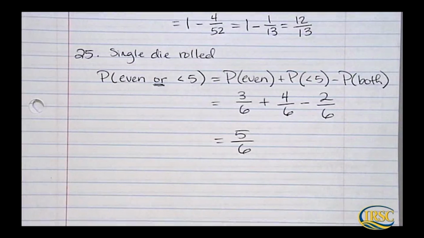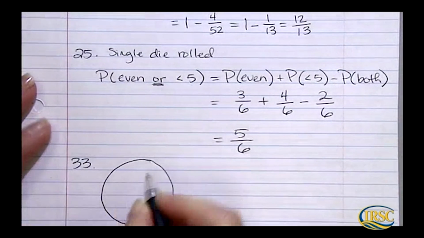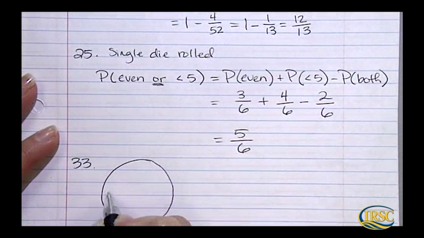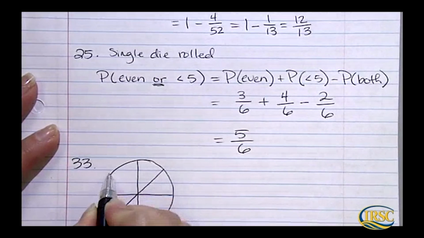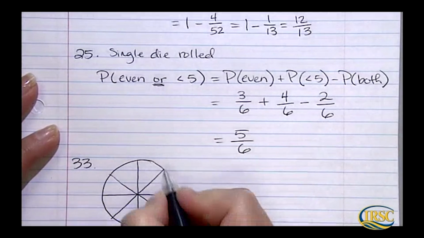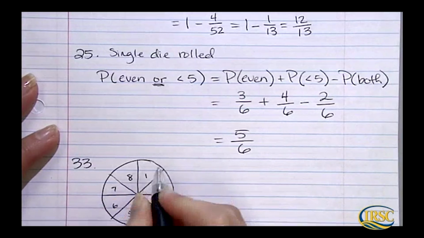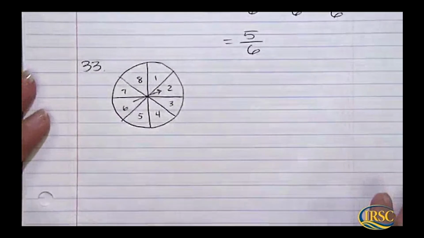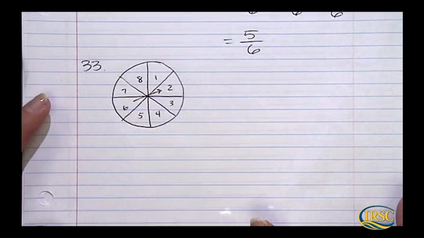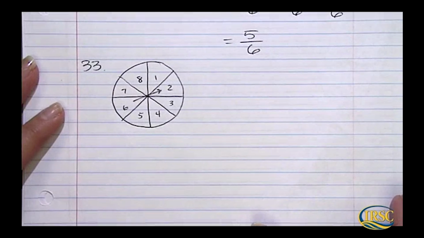Okay, for 33 you have a spinner. And you're looking for the probability of an even number or a number greater than 5.